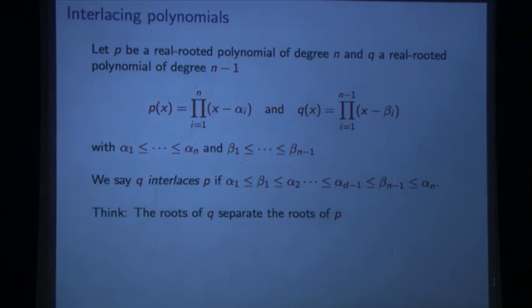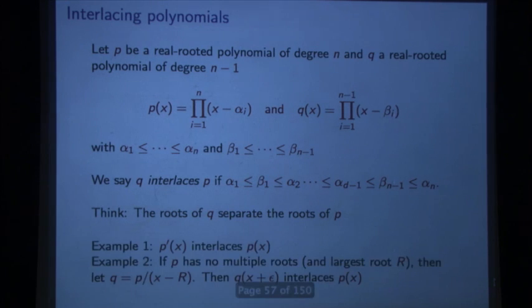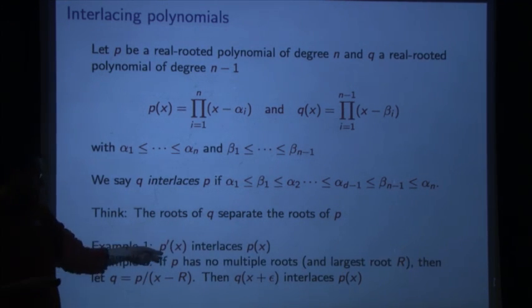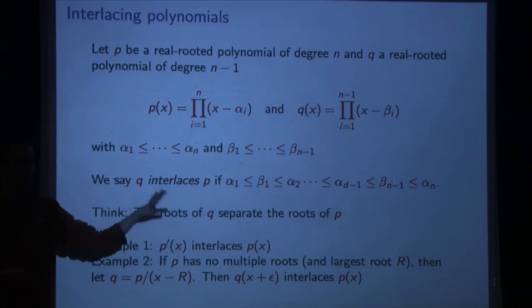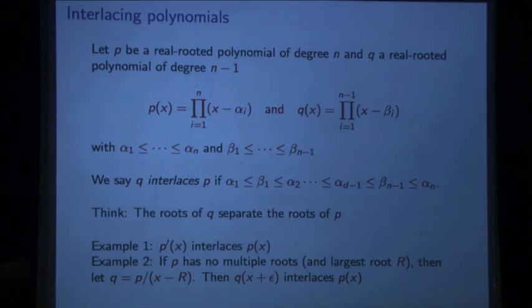The roots of q are separating out the roots of p for us. As an example, if p is a real-rooted polynomial, p prime interlaces p. That's essentially Rolle's theorem, that at some point between two roots your derivative is 0. And if p has no multiple roots and largest root r, then I can pop off the largest root and shift my polynomial over a little bit, and that will also interlace the original polynomial.